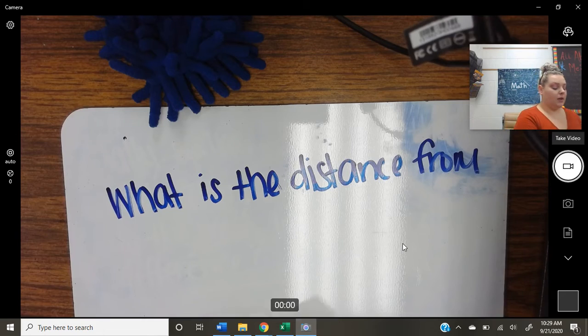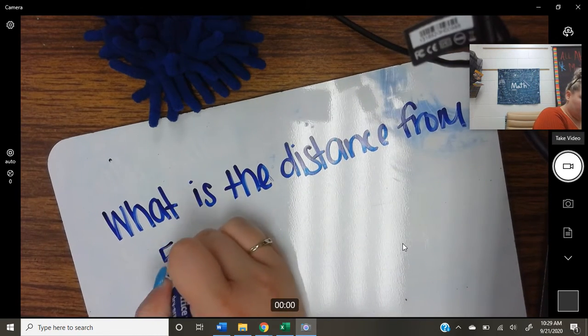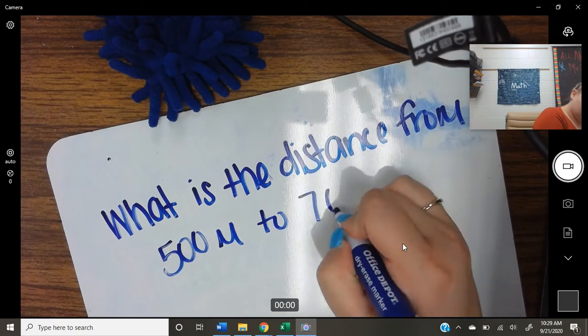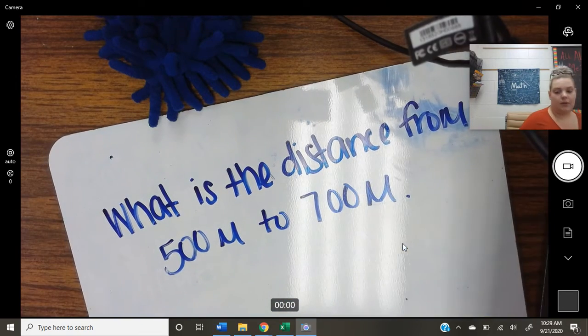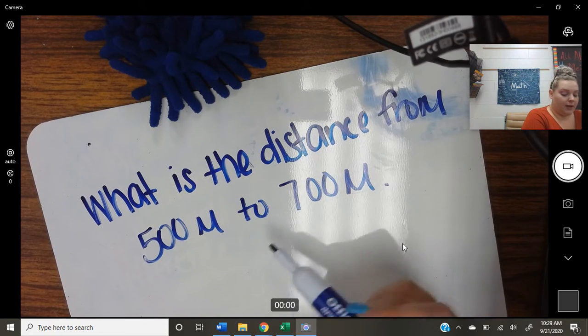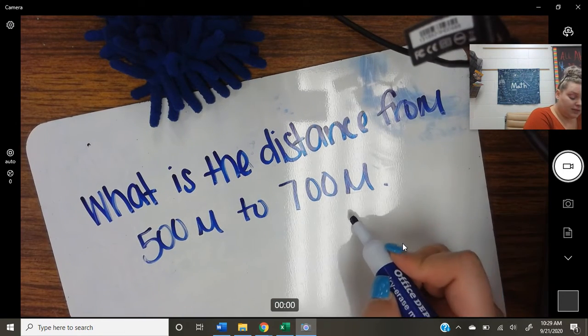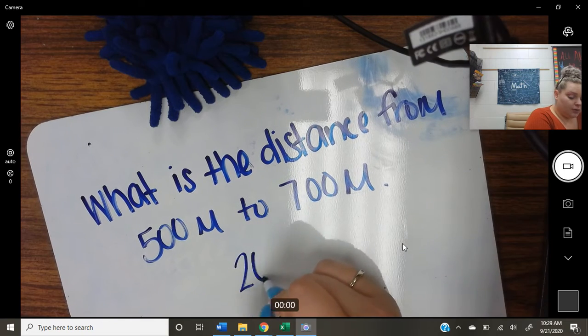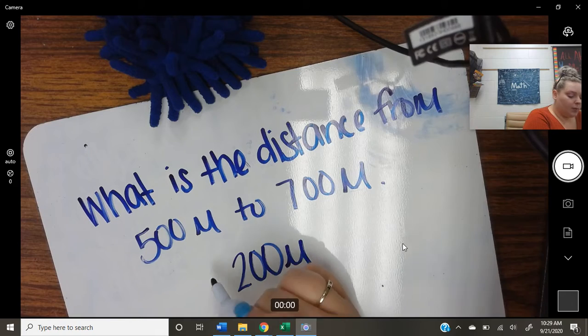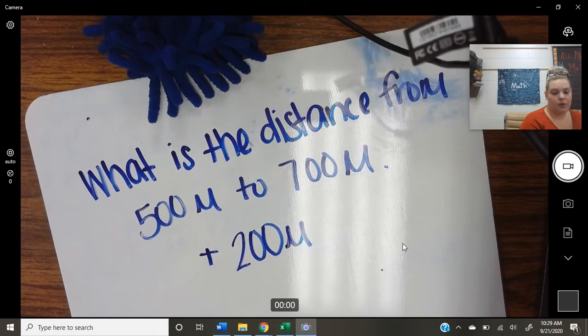What's the distance from 500 meters to 700 meters? Okay, the distance. So how much is in between here? To get from 500 to 700, we need to go 200 meters. Since we're going from small to big, it would be a positive 200 meters.